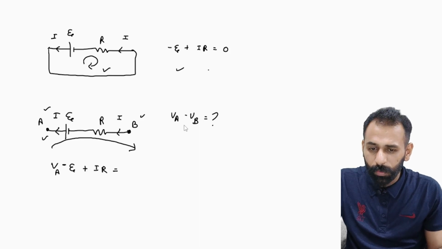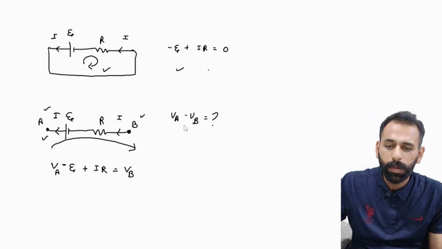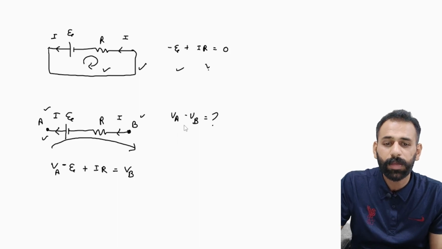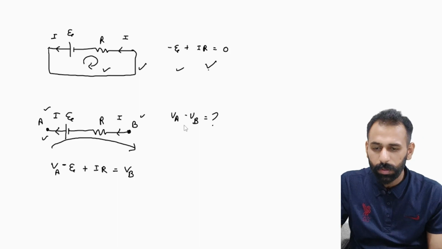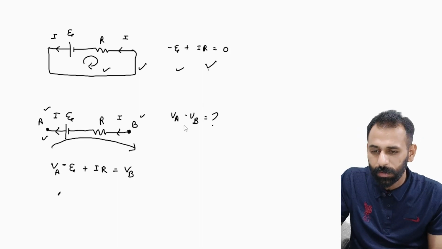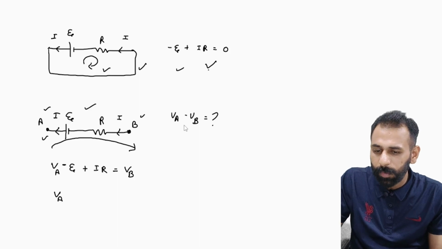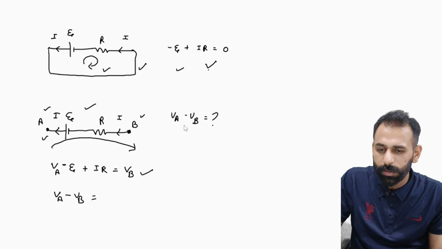It is equal to VB. Okay, if both are attached here, then VB is equal to VA, and that will cancel and come equal to 0 as given here. So the potential difference for this circuit will be VA minus VB. If I rearrange this equation, I will get E minus IR.